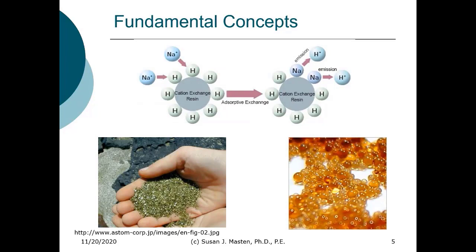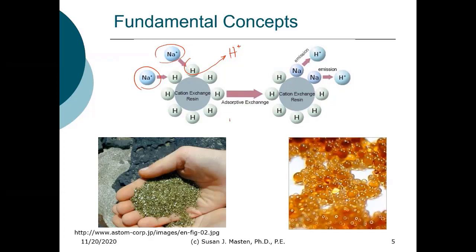In terms of removal, ion exchange is what we call an exchange process, and you can see it here. So we have sodium ions, and those ions will replace an H plus, so that H plus is released and the sodium is adsorbed.